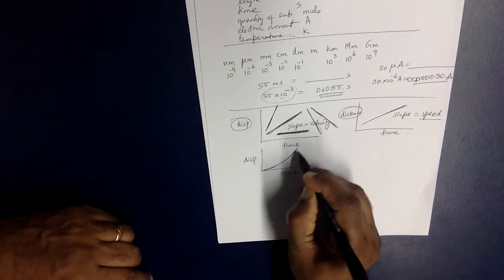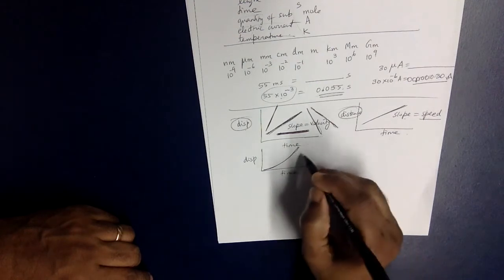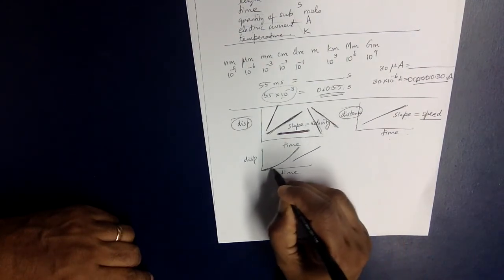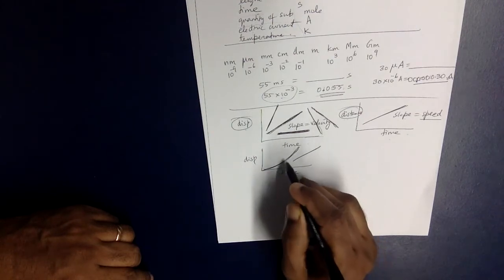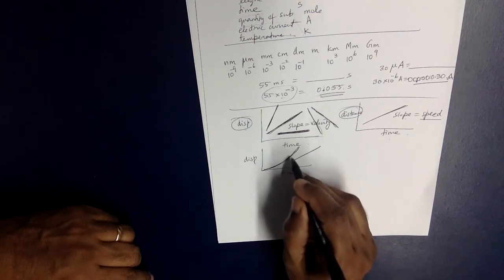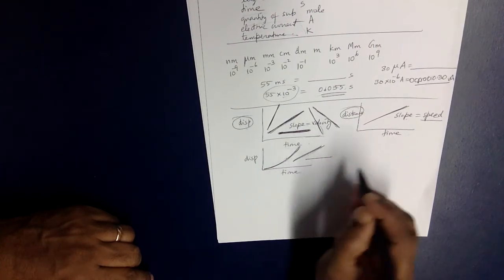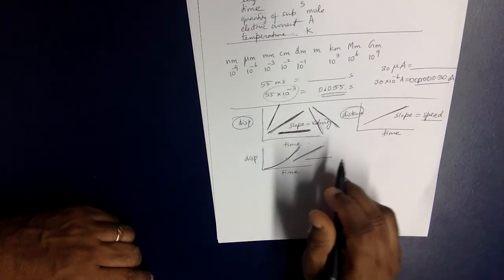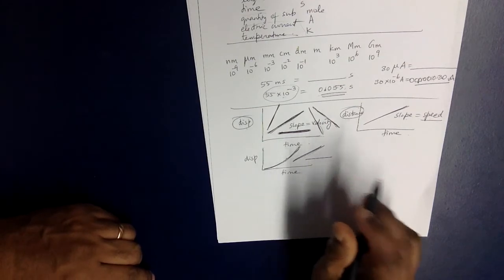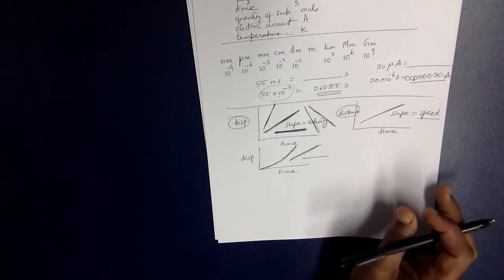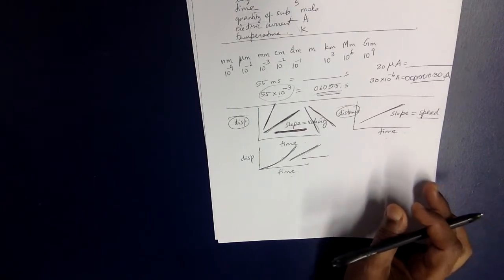This is actually accelerating. Okay, so if you have a straight line, the acceleration is 0. But if you have a curve like this on a displacement time graph, the acceleration exists. So this one, no acceleration. This one, no acceleration. So you should be able to recognize where it is moving and where it is not moving.